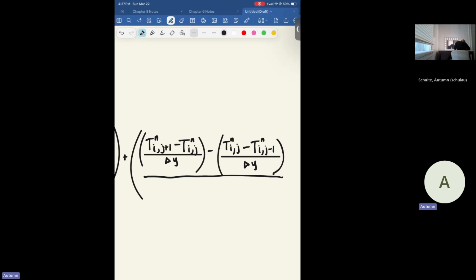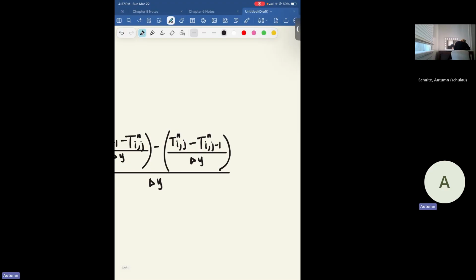And just like in our x, we're going to have to divide this by a delta y because we are dealing with the second derivative.